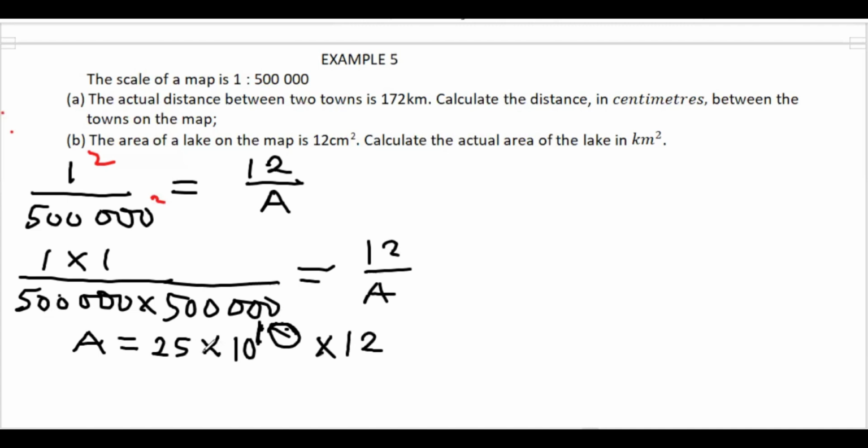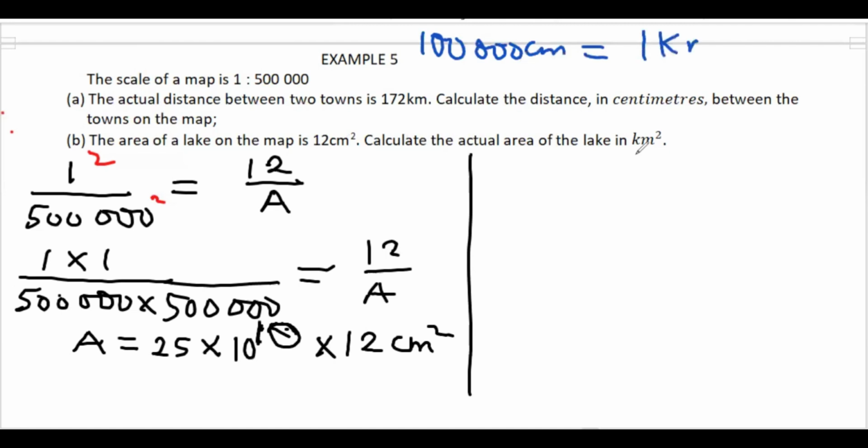But this A is in centimeters square, because the value we substituted for the ratio was in centimeters. Now we have to leave our area in square kilometers. Since 100,000 centimeters equals 1 kilometer, 1 kilometer square means 1 kilometer times 1 kilometer, which will mean 100,000 centimeters multiplies another 100,000 centimeters.